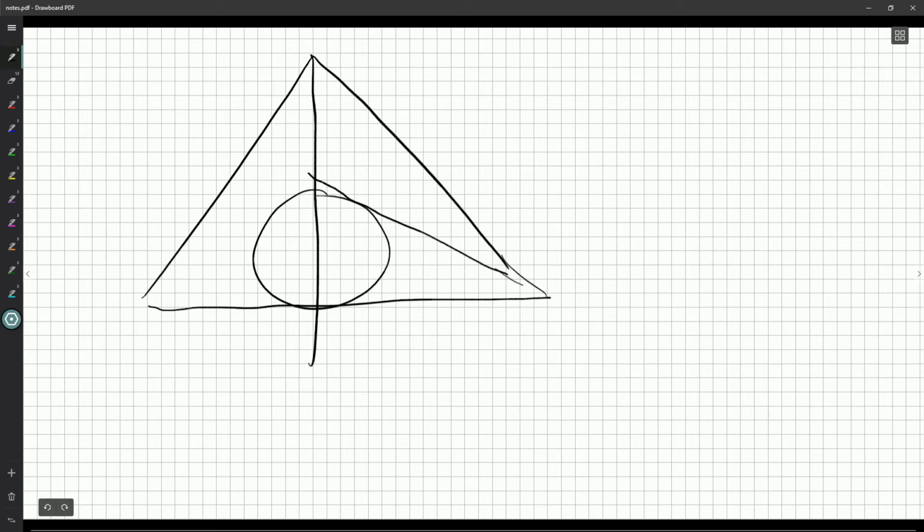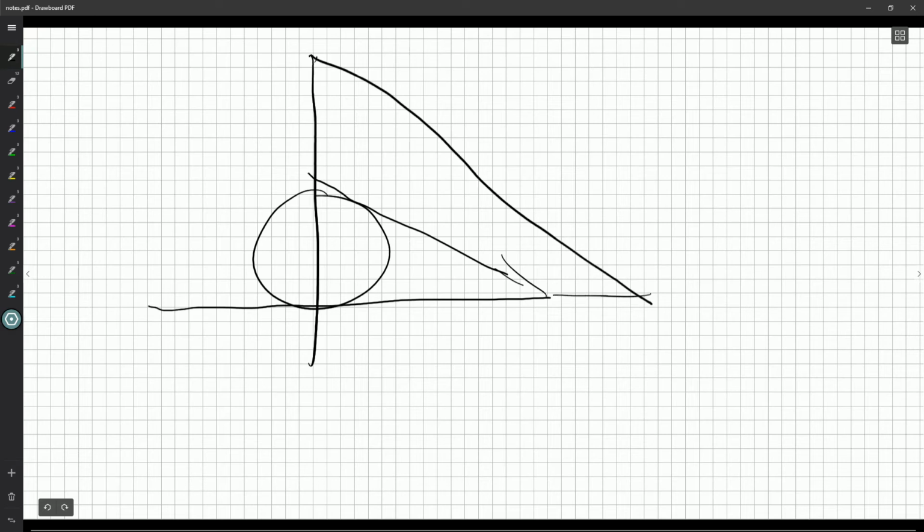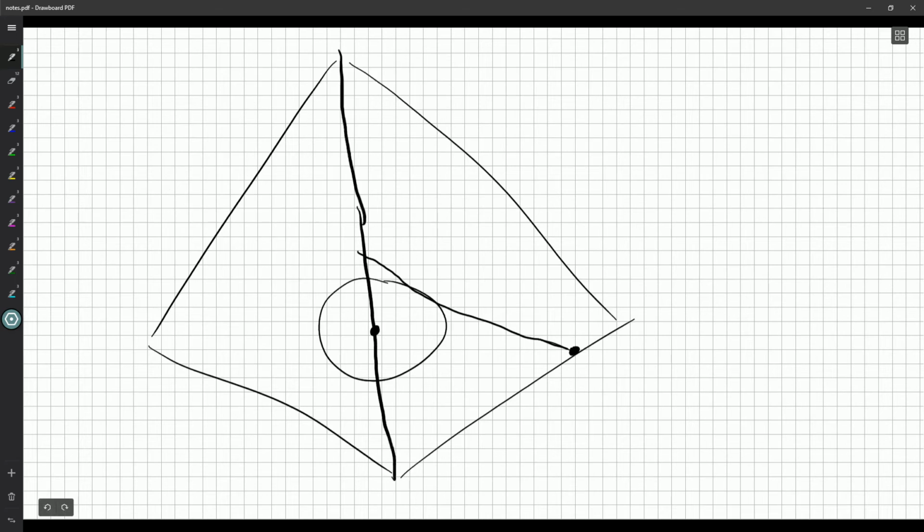That's sort of what it looks like. I think that's sort of what this looks like if I were down at ground level.